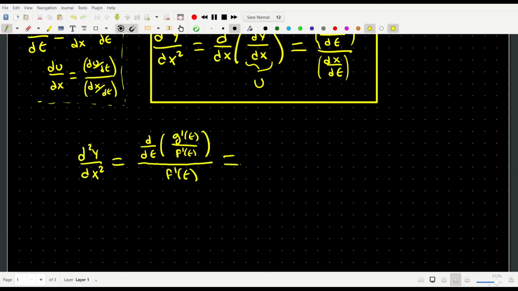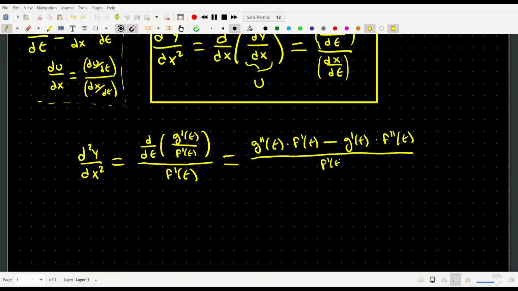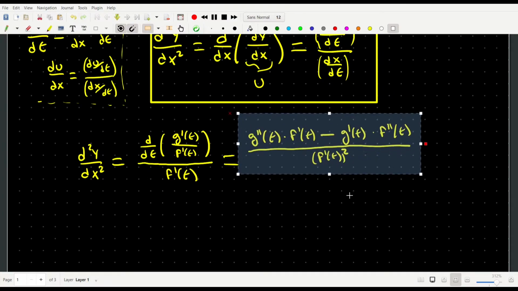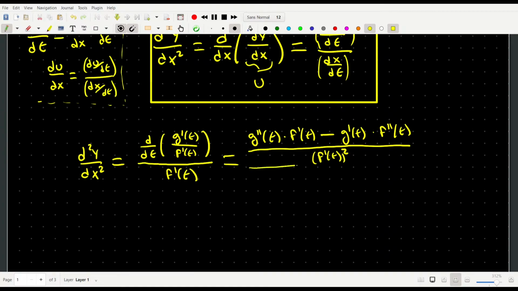So from the quotient rule, this is the same thing as the derivative of g prime, which is g double prime, times f prime, minus g prime, times the derivative of f prime, which is f double prime, over f prime of t squared. This is the quotient rule applied to the numerator in this expression. And this is divided by f prime of t.